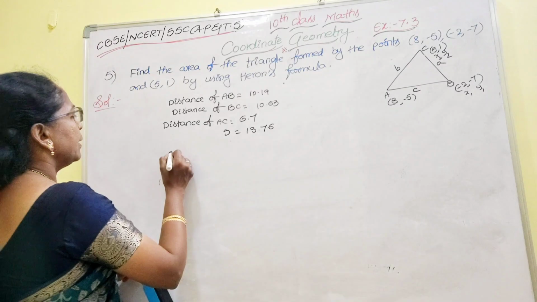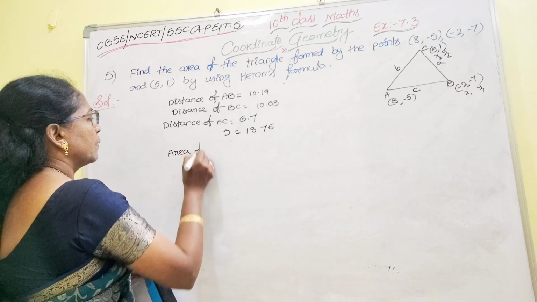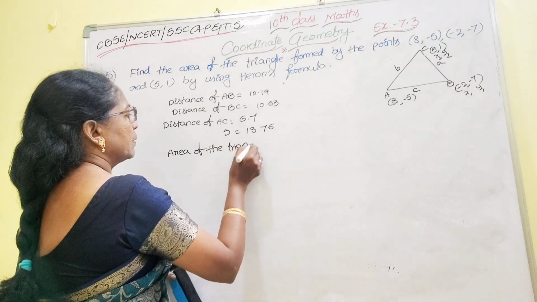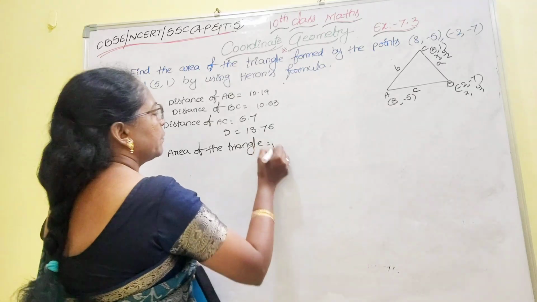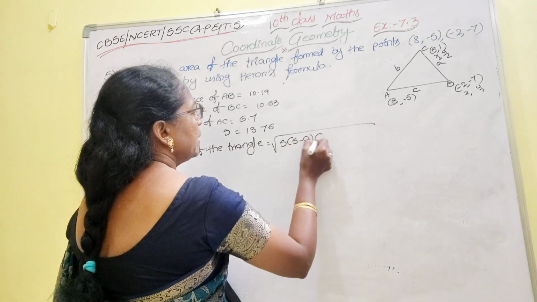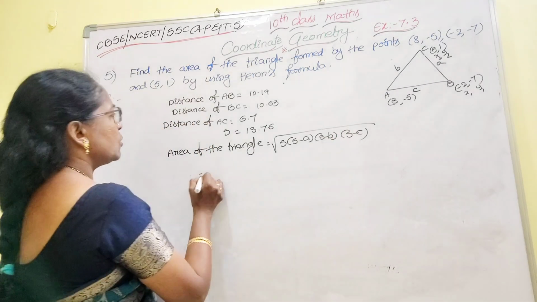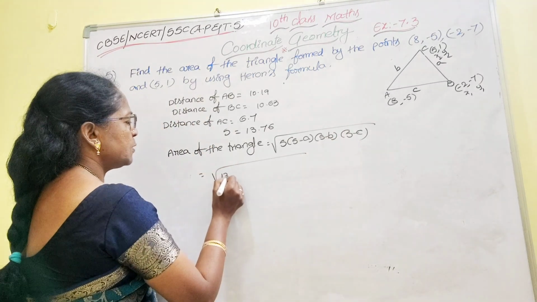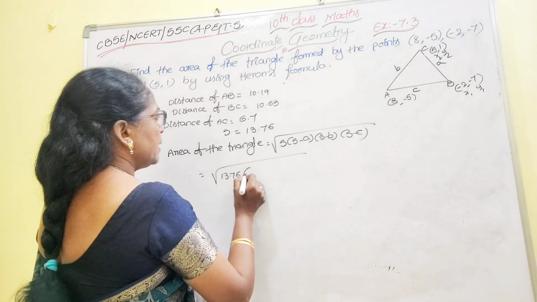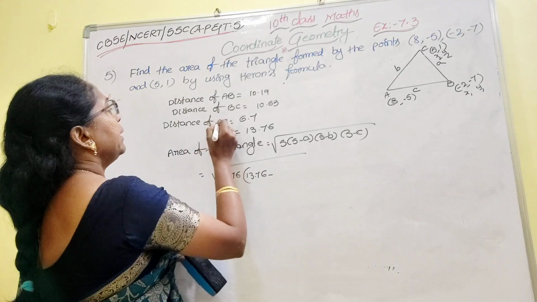Now the area of the triangle equals the square root of S into S minus a into S minus b into S minus c. Where S equals, substitute the values, 13.76 into S minus a: 13.76 minus the AC distance.